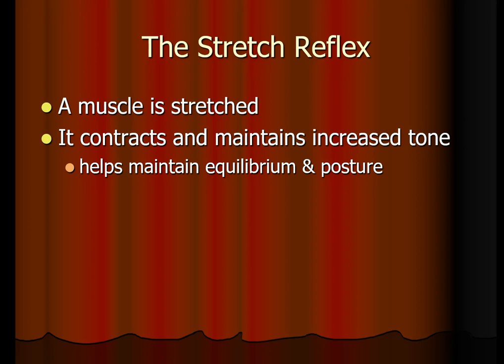And it sends inhibitory signals to the antagonist, which are the hamstrings, to relax so that the leg kicks. Okay? And all that's done is basically stimulus, afferent fibers to the interneurons of the spinal cord. It doesn't even have to go to the brain yet. Sends the efferent back out for the muscle to contract. Okay.